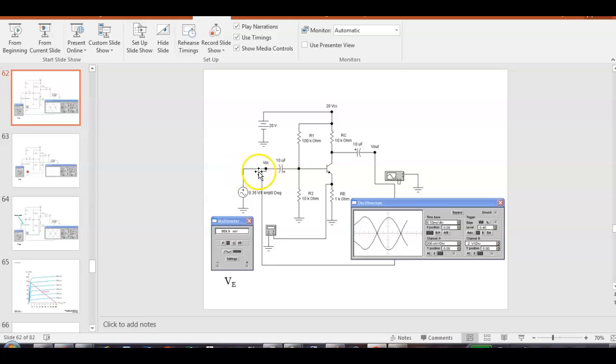So the input impedance would be this guy, and then this in parallel with that times beta. Normally it's just going to be these two guys right here in parallel. So ours would have an input impedance of around 9K, 9.9K.